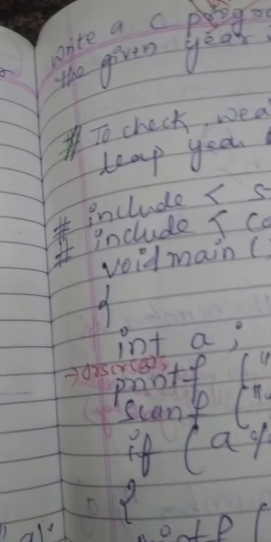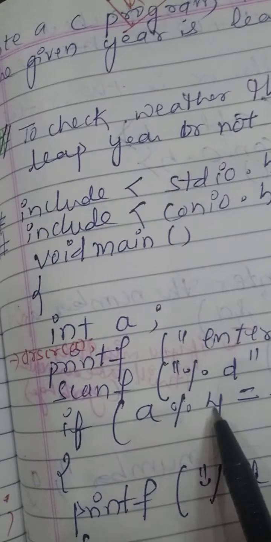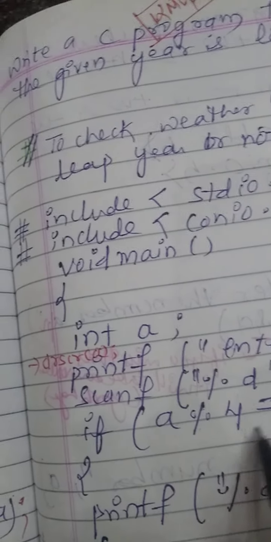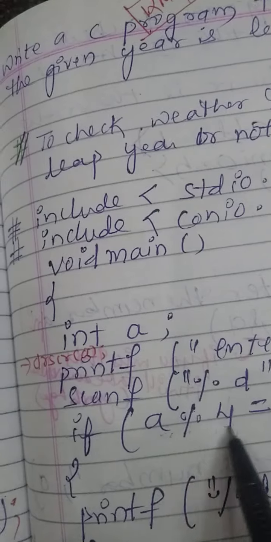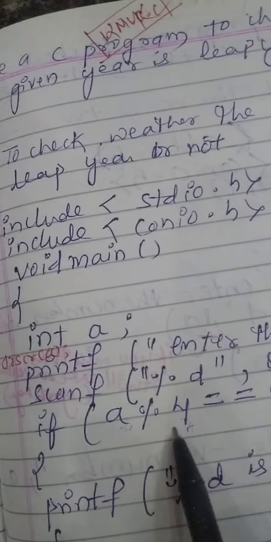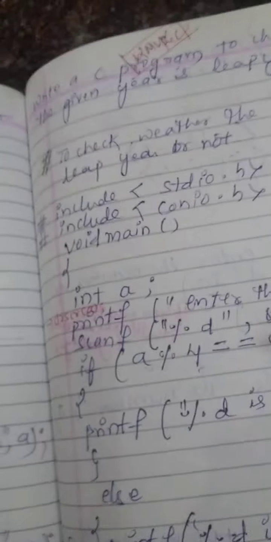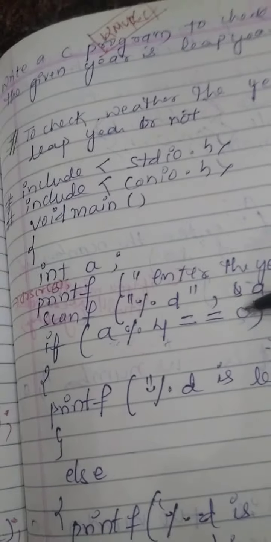For a leap year, you take A mod 4; if it is exactly divisible by 4, then the remainder equals 0. Therefore if this is equal to 0, we say it is a leap year. If it is not equal to 0, then it is not a leap year.